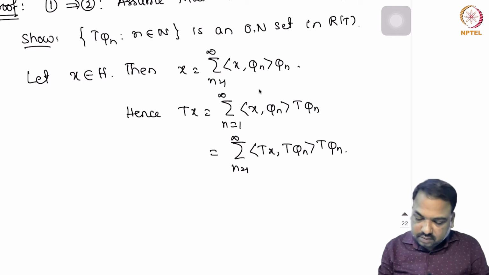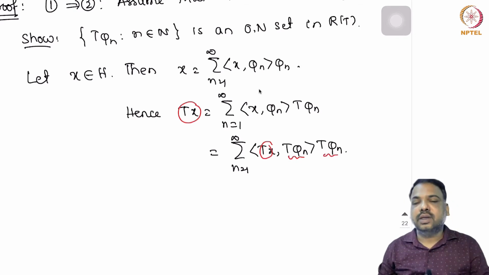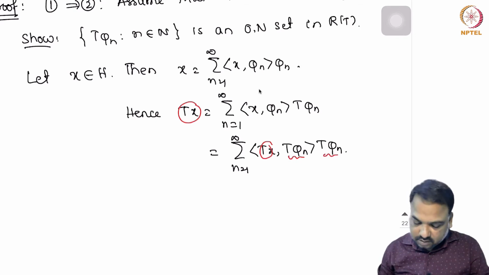So we are representing Tx with respect to this orthonormal set T phi n. Hence we can conclude that every element of the range is represented in this way.